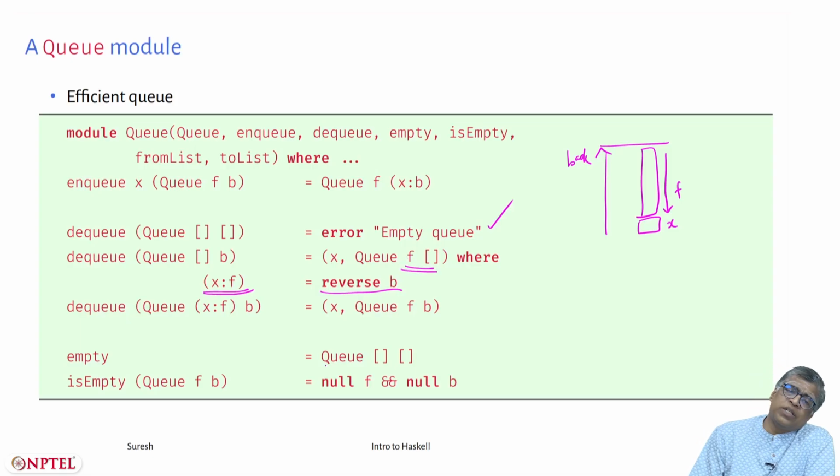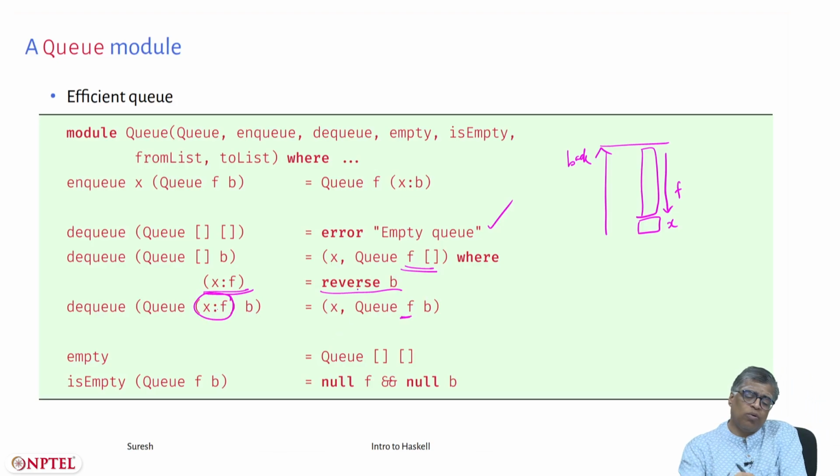Okay, and in general, if my front itself is non-empty, then there is nothing much to do. X : F is the front earlier, now the front is F. Okay, so this is it. If I want to create an empty Q, I will do Q [] []. isEmpty of Q F B is null of F and null of B. Okay, this is a very efficient queue.